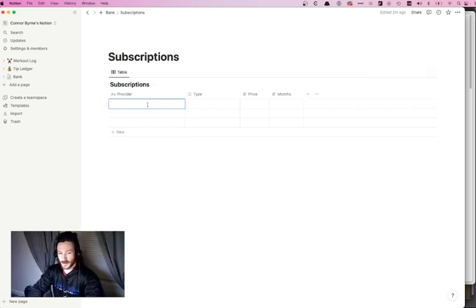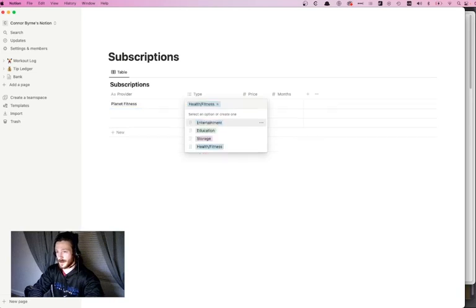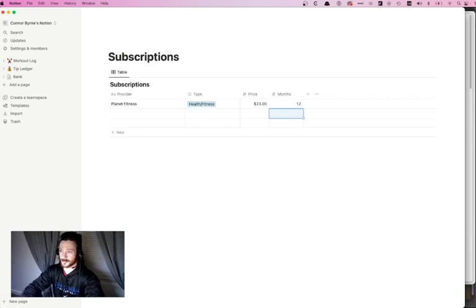So let's say I am subscribed to, we'll do two different types. So we'll do Planet Fitness. So I'm a Planet Fitness member. It's a health and fitness, and I spend $23 on the Black Card a month, and then I'm doing that times 12 months.